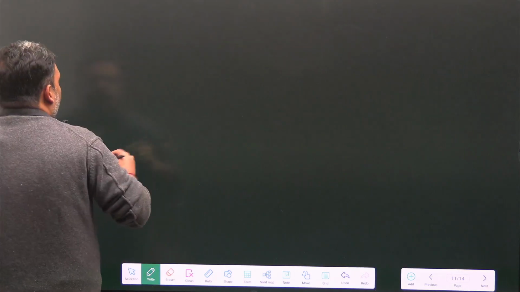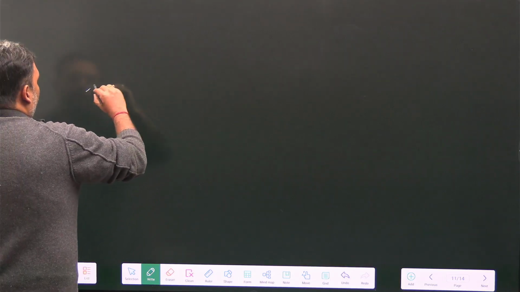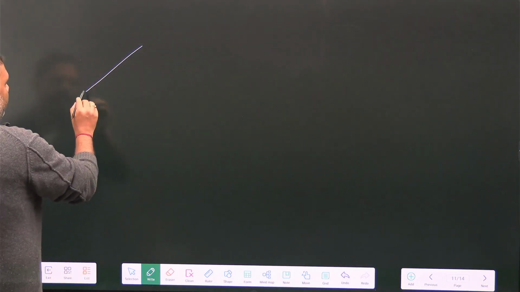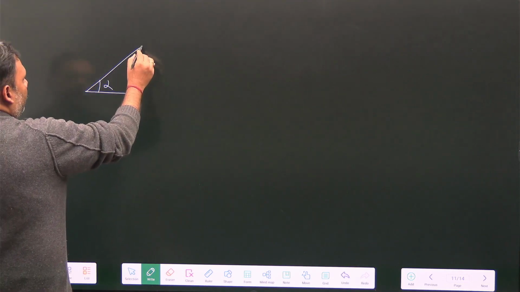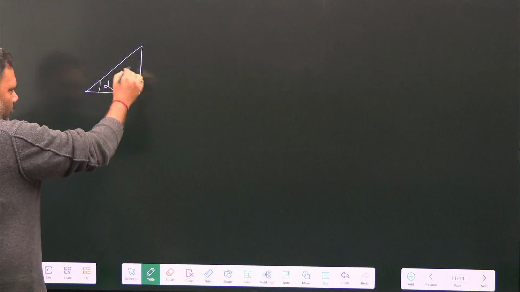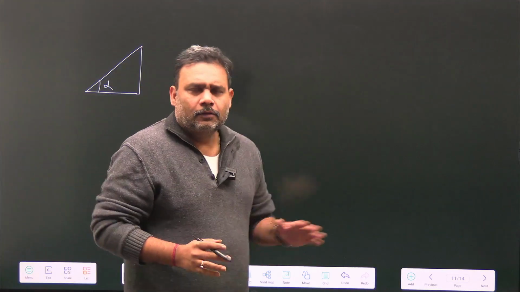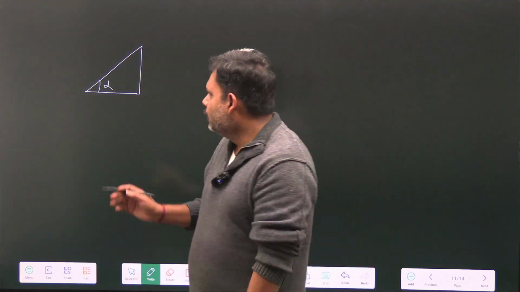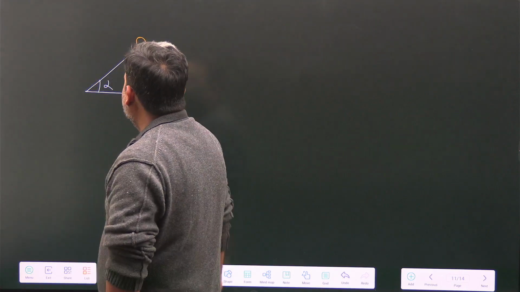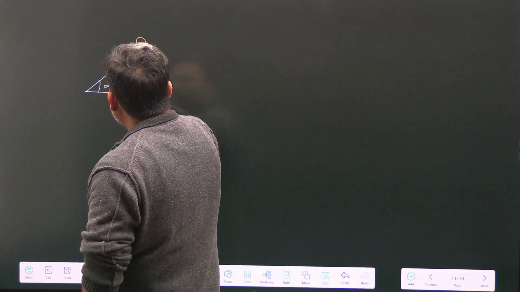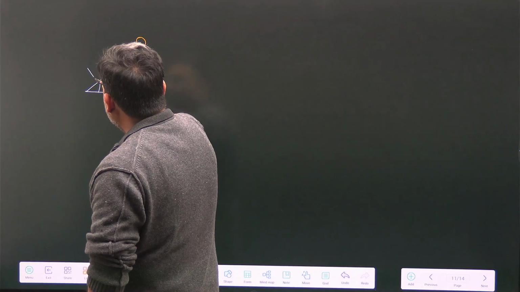So what we have basically, there is one particular wedge and this angle is alpha. And we can assume this wedge is very heavy, so it is not moving. And there is a pulley on this particular wedge, and we have two masses.